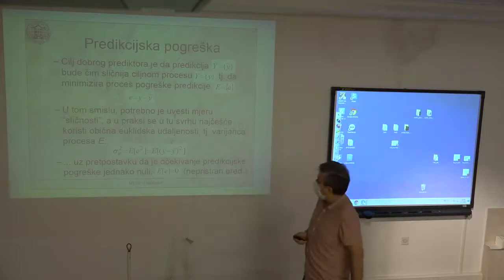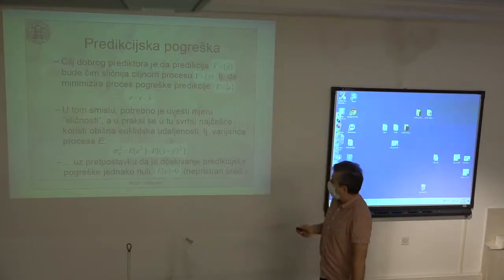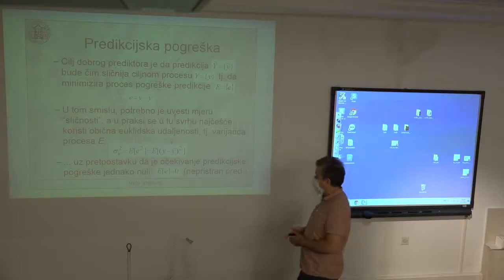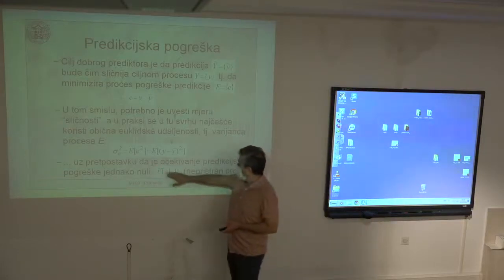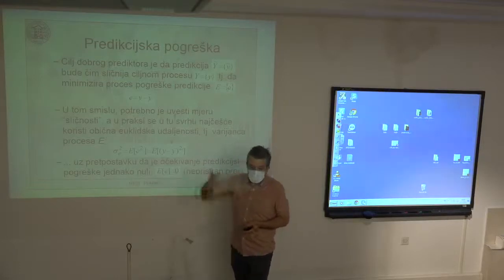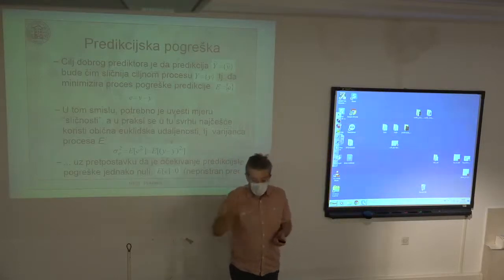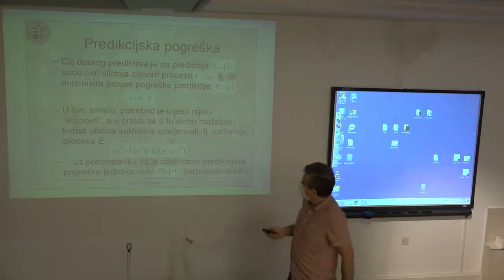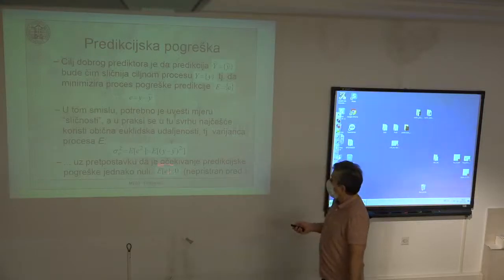That would show that the prediction is biased. In our case, our prediction must be unbiased, so the expected value of the error must be 0. So I'm going either low or high, but not systematically high or systematically low. Okay?